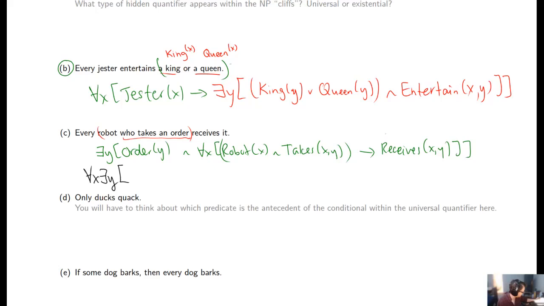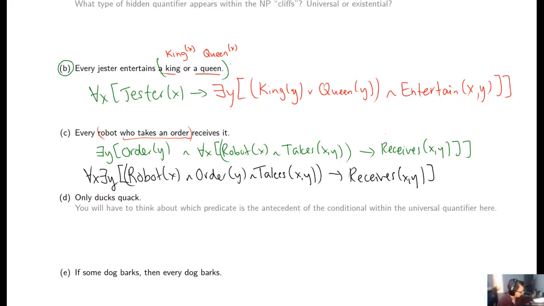But this would be like saying there's a robot X, and there's an order Y, and X takes Y, and if all those conditions happen, then X receives Y. So that one was a little bit more complicated, and I didn't quite expect people to see that one. But I was a little bit more generous with this one just because the relative clause was hard to spot.